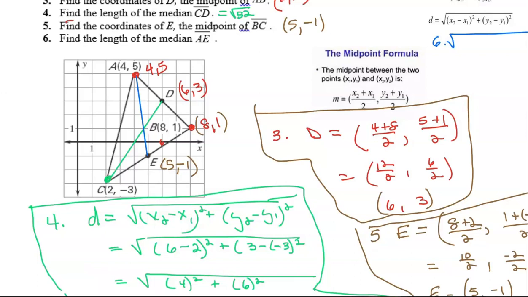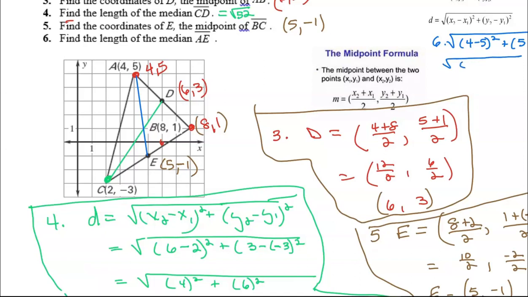So I'm going to say this will be 4 minus 5 squared, because I'm doing A minus E, okay, plus 5 minus, very careful, a minus 1 squared. Okay, so let's go one more step with that.